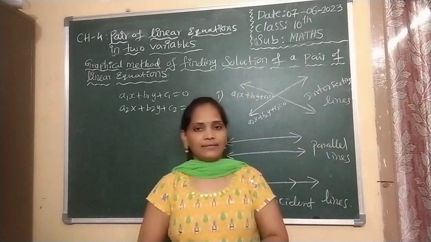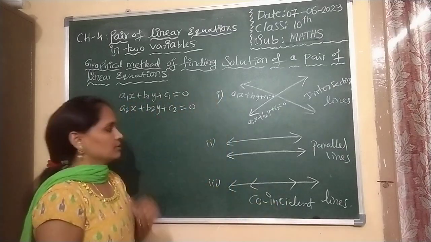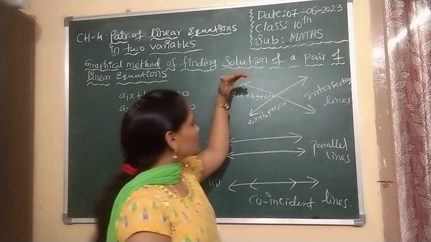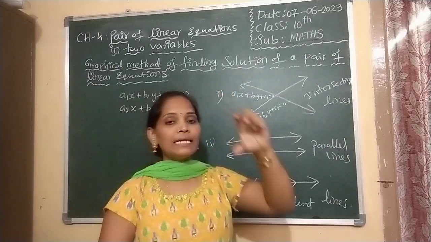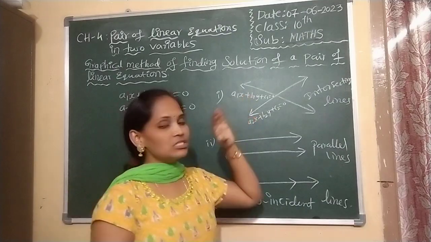Now in these possible situations, in the first situation, how many solutions are there in the pair of linear equations in two variables?